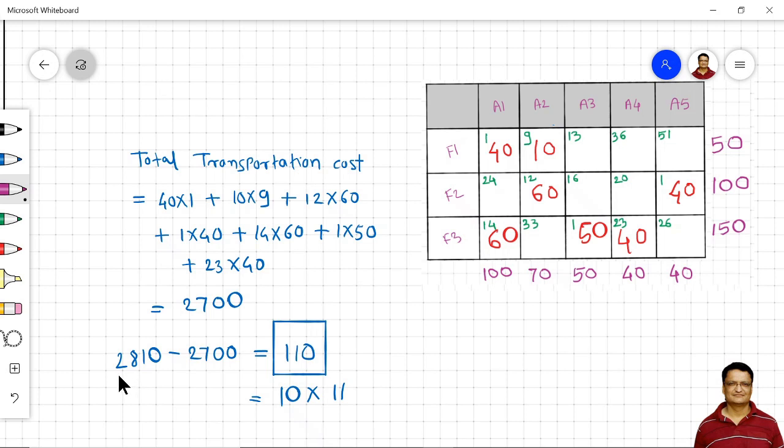If you remember, we earlier got the value before this iteration as 2810, and now we are getting 2700, and the difference is 110. This difference is due to moving 10 units from the F1A1 cell to the F1A2 cell, and by moving one unit we reduce the cost by 11. So that is evident from the table that we have seen earlier.